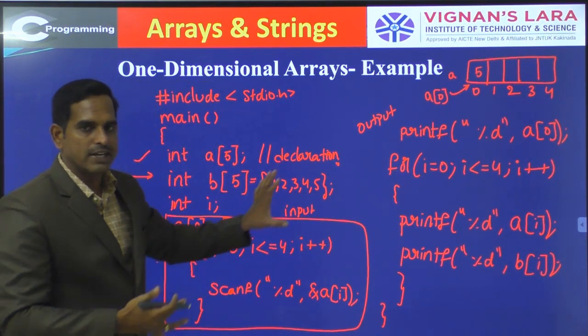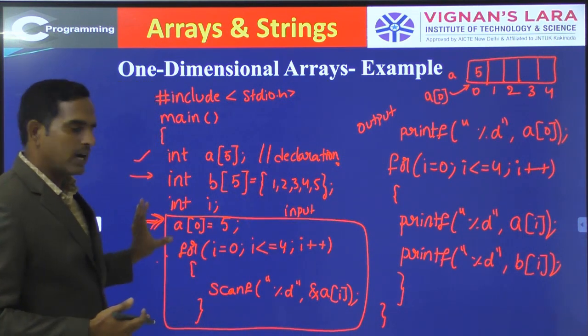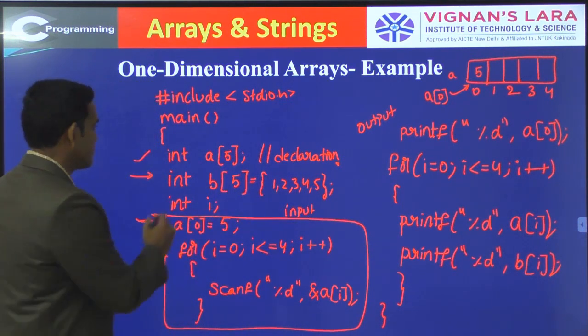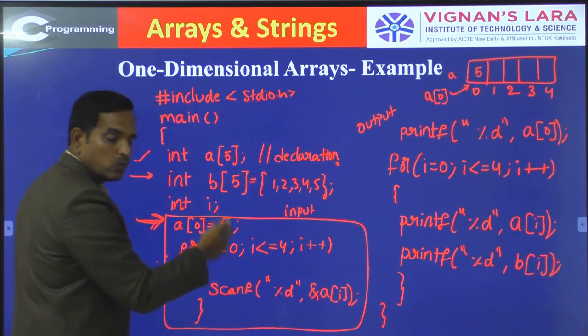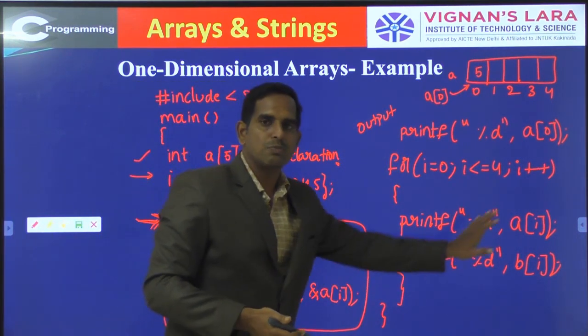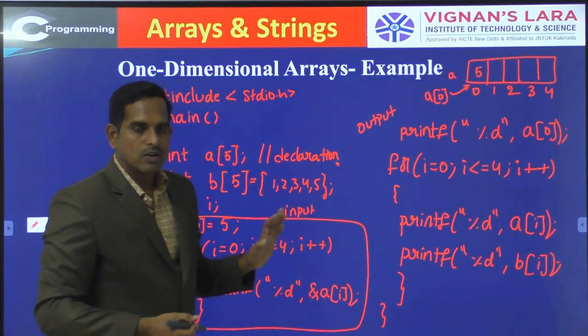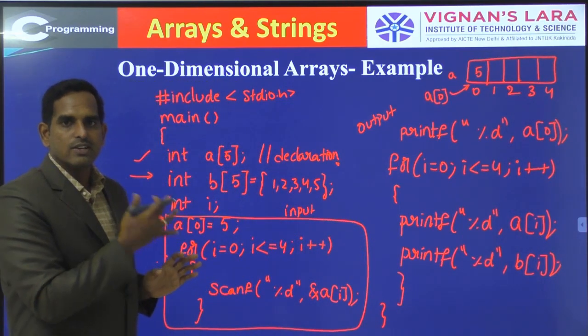You have to print your array. So you should be able to declare, give values into your array, then output your array. These are the 3 steps you have in arrays.